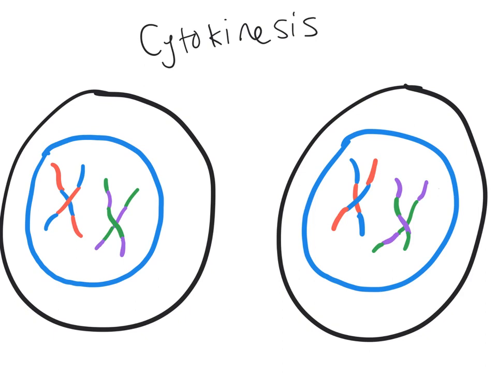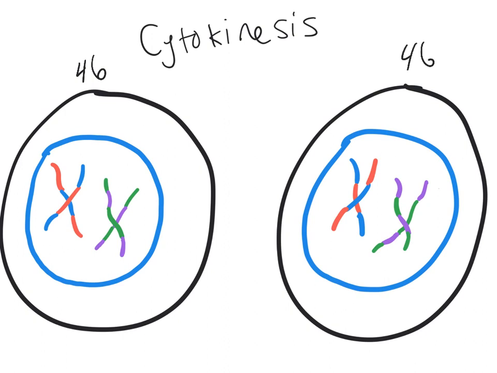So both of these cells are going to have two of every chromosome, although now they're not identical anymore. And they're also going to have 46 chromosomes apiece.